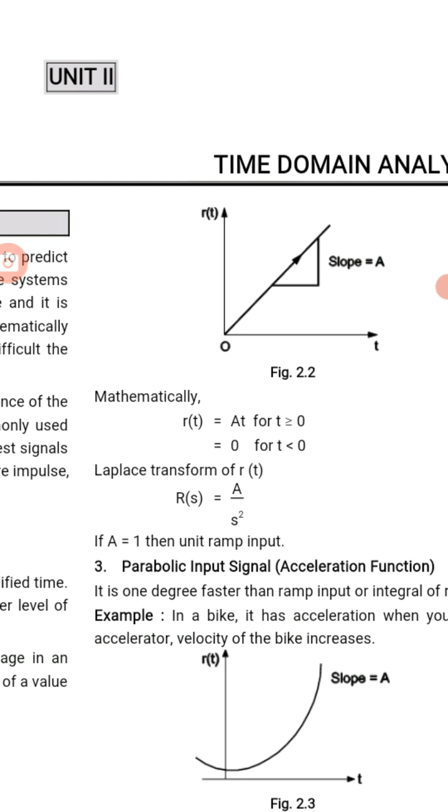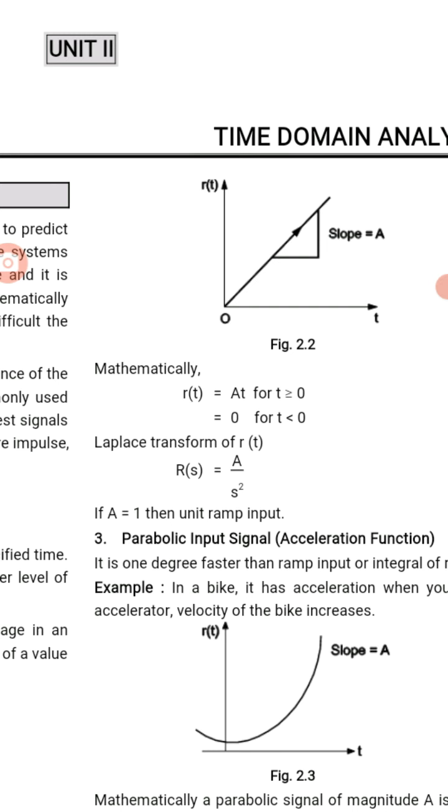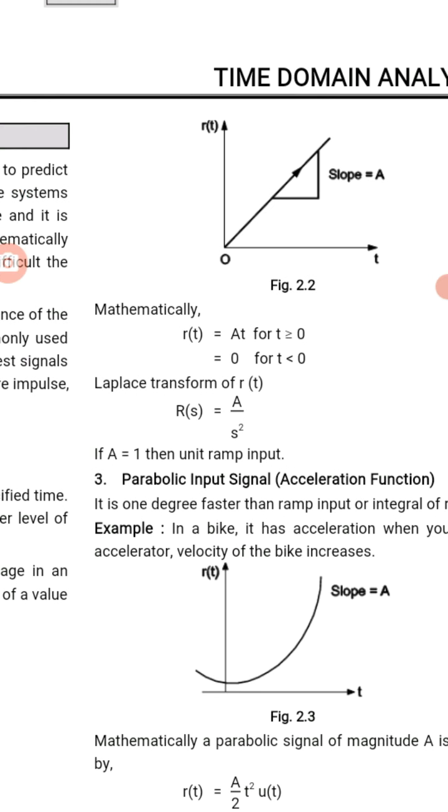So mathematically how will you define it? We will define it in this fashion: r of t is equal to A t. If A is equal to 1, it is equal to t. r of t is equal to t, and it is existing for t is greater than or equal to 0, and it is 0 elsewhere.